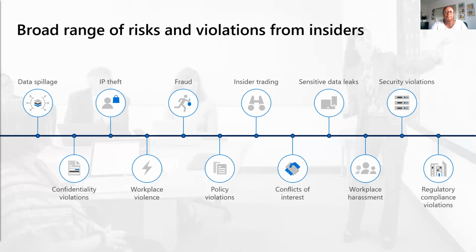For example, truly malicious insiders do things such as intentionally stealing your IP or turning off security controls or harassing other people at work. But there are many more situations in which an insider might not even know that they're causing a risk to the organization or violating a policy. Like when they're excited about something new they're working on and send files or photos to tell their friends about it.